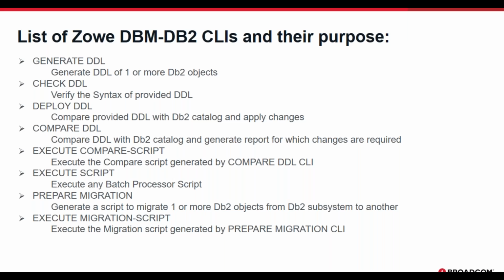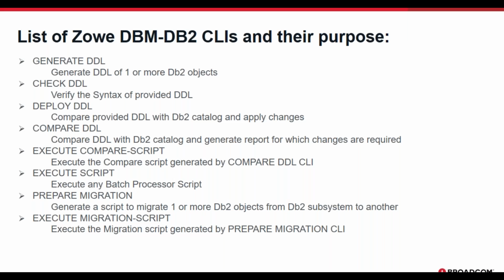And the next one is the compare DDL, where you provide a DDL for comparing with the DB2 catalog objects, and then just generate the report without making any sort of changes. But that itself is going to give you all the changes that are required to be made to the DB2 catalog in order to look like the provided DDL.